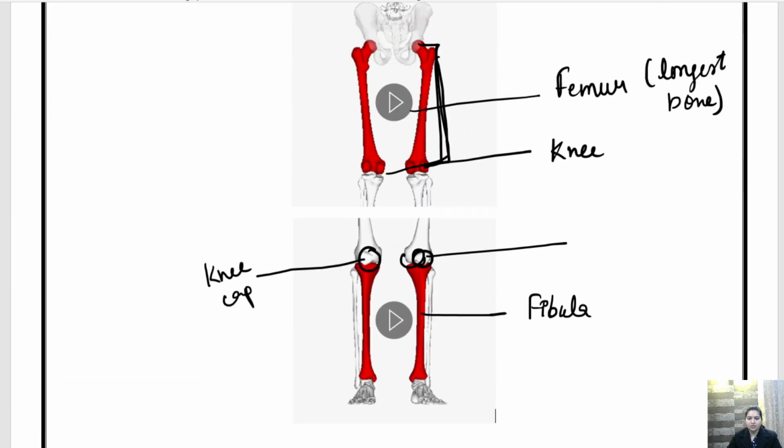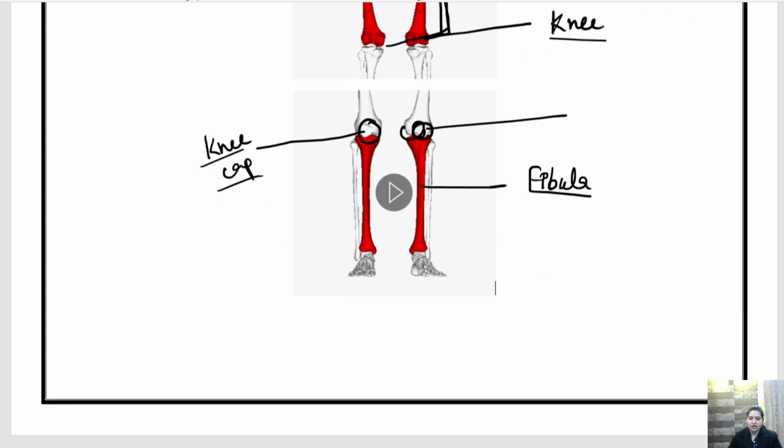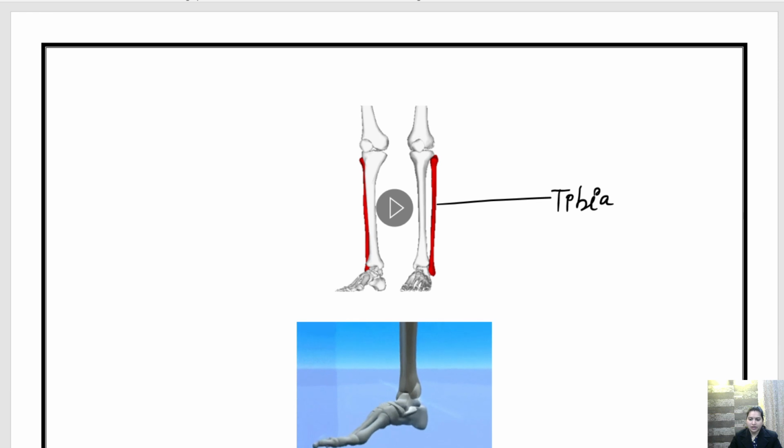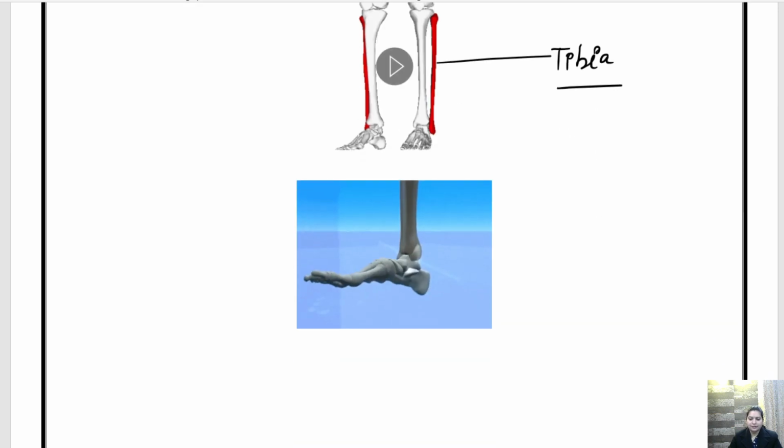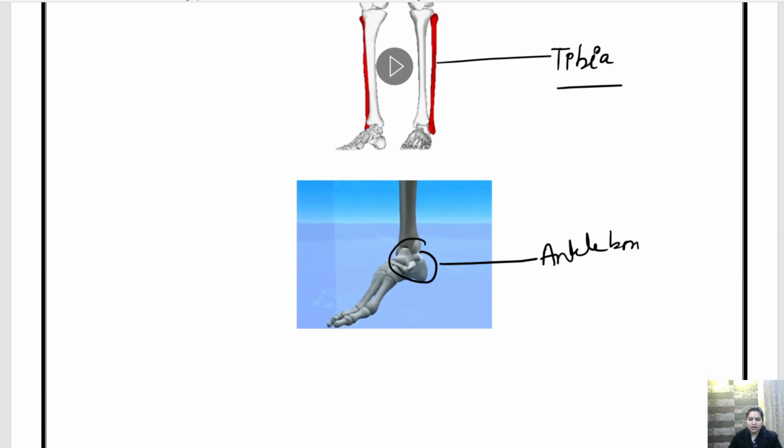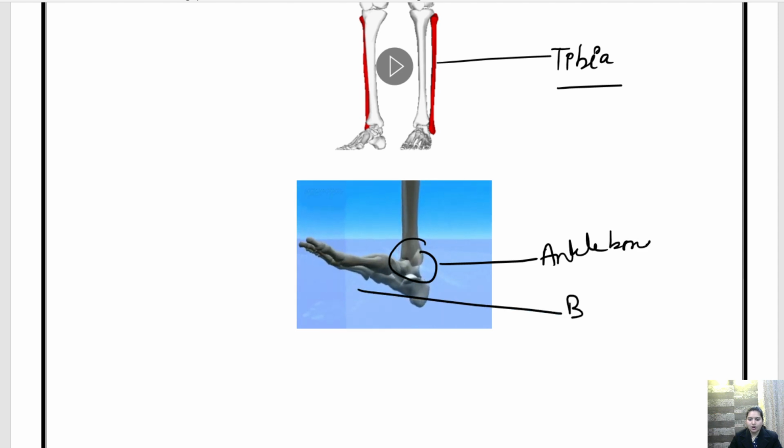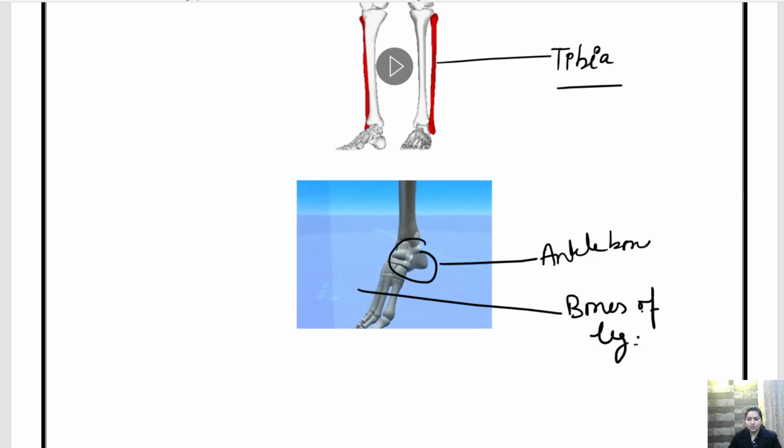And this is called femur. Femur is the longest bone. Then we have the knee. Above the knee we have a kneecap. One is called fibula, another is called tibia. Clear? And then we have the ankle bone, and the bones of the foot.